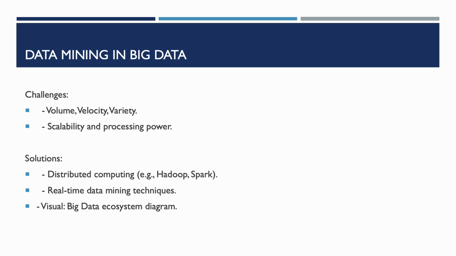The next challenge is scalability and processing power. Traditional data mining techniques may struggle with the processing power needed to handle the sheer volume of big data. It requires scalable solutions to process and analyze these large datasets efficiently.